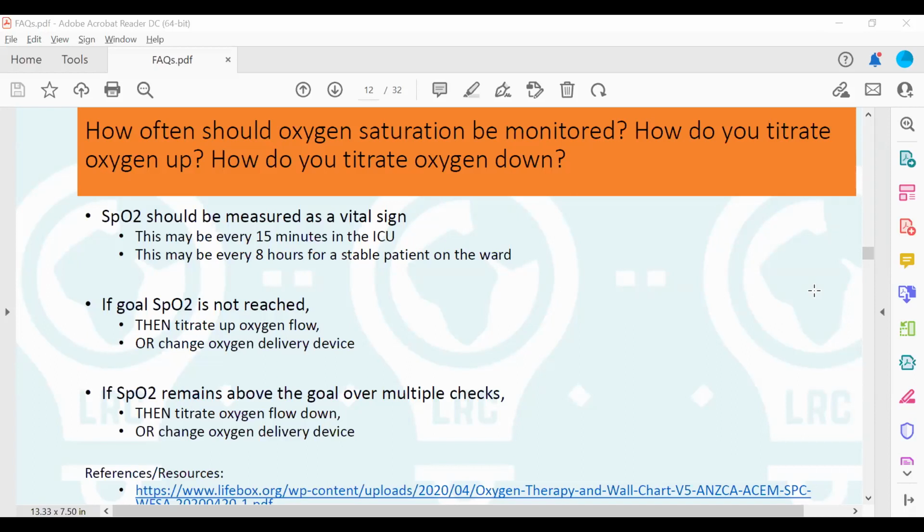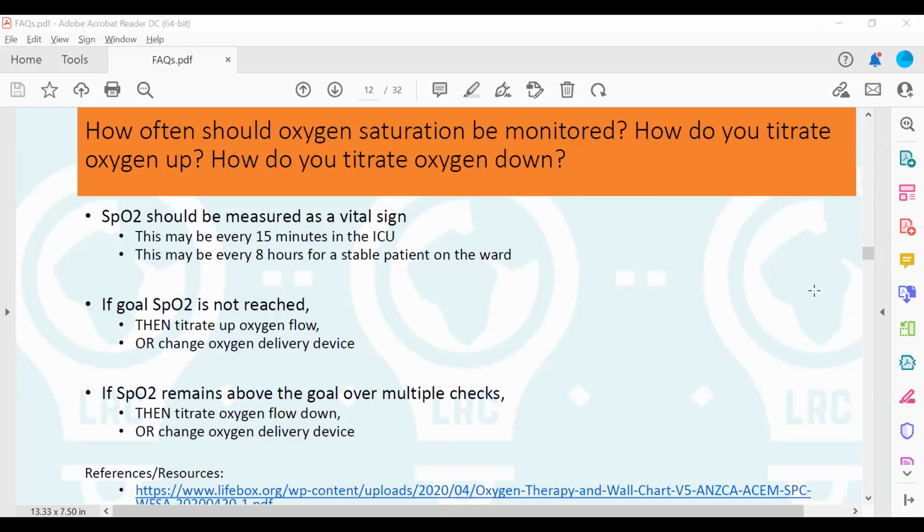For increasing the flow, we saw the target, the normal oxygen saturation, the normal SpO2 target. Depending on a particular patient, we saw the category of the patient. If your patient's SpO2 is still below the target, then you can increase the flow.